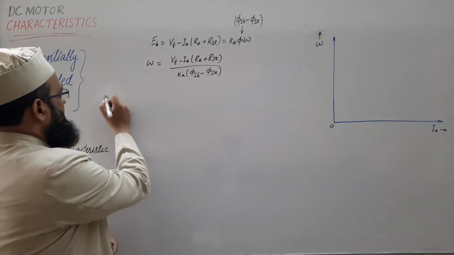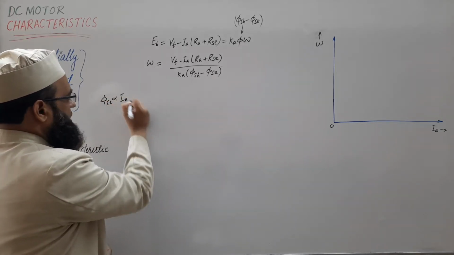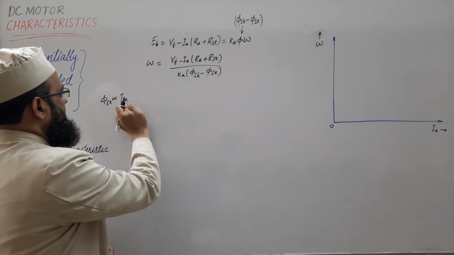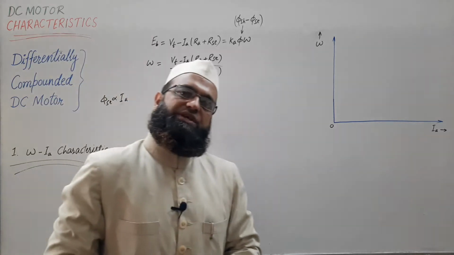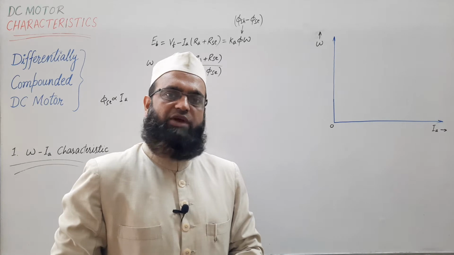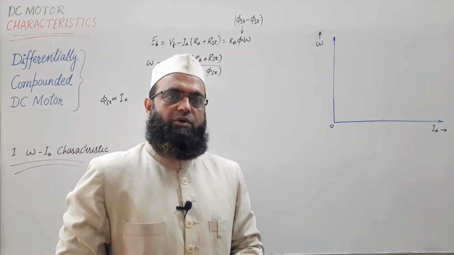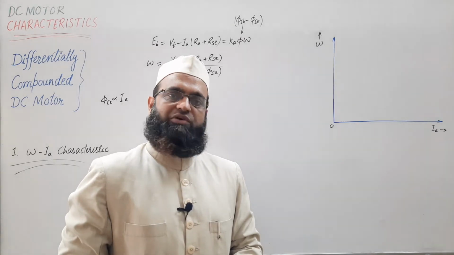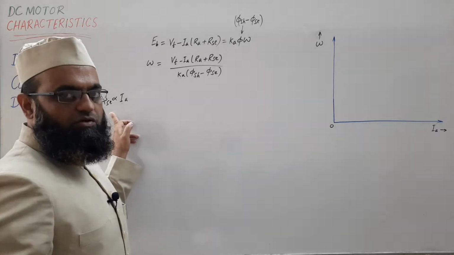We already know that phi se is proportional to Ia, as the series field winding is connected in series with the armature. Whatever armature current is there, the same current flows through the series field winding. We have already seen this during the connection diagrams of various types of machines in our previous lectures. So when Ia is 0, phi se is 0.